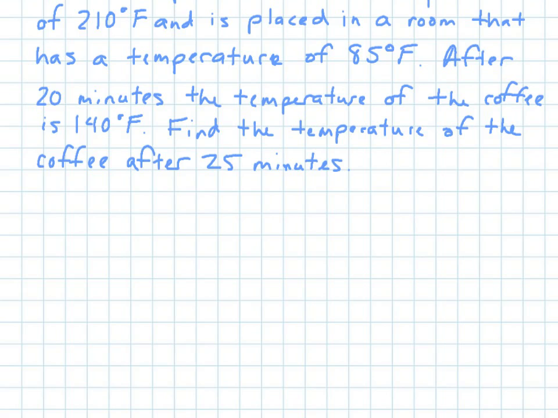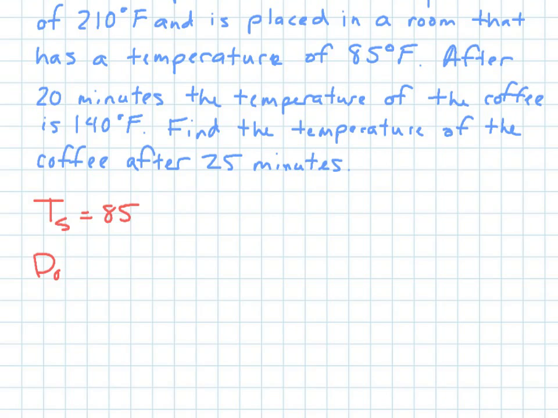They would give you different information if they were talking about a dish that you had put in the stove to cook and the rate at which that cools. So each object will have a different k value. First I need to figure out my values. For T sub s, that would be 85.